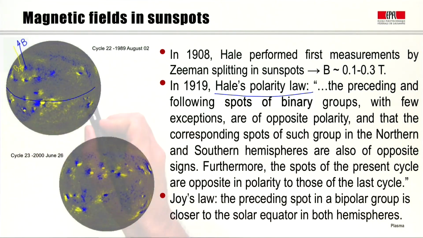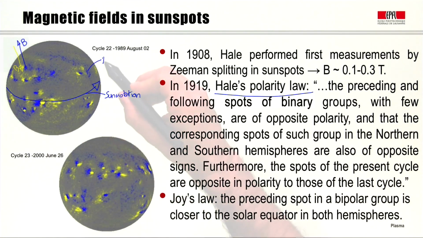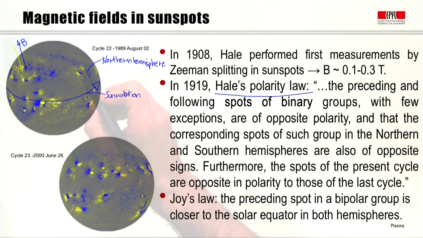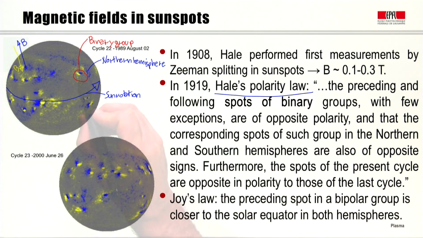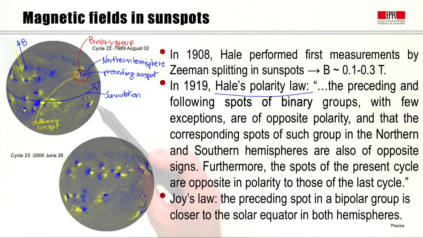The Sun rotates in this direction, and if we consider the northern hemisphere, we can clearly identify binary groups of sunspots. For example, in this particular binary group, we can see in blue a preceding sunspot and in yellow a following sunspot. They are defined as preceding or following with respect to the rotation of the Sun, indicated here.